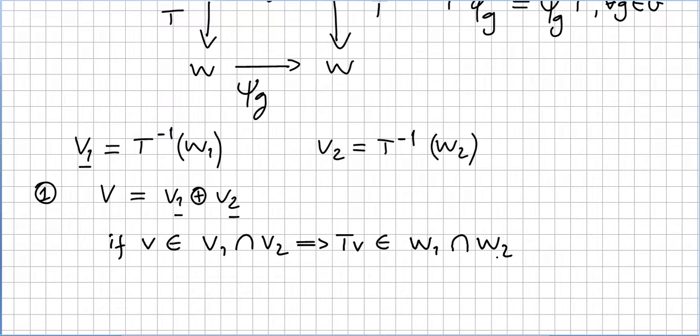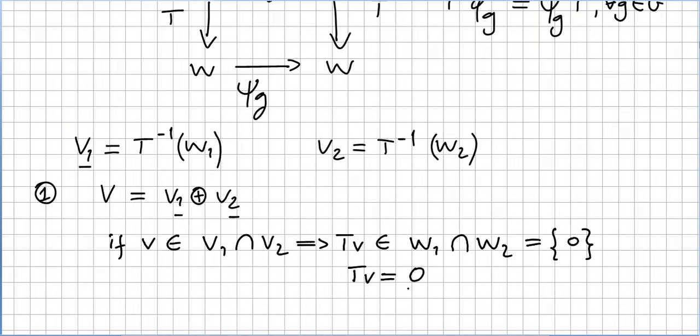But the intersection of W1, W2 can only be the set with the zero element. So the image of this object has to be 0.